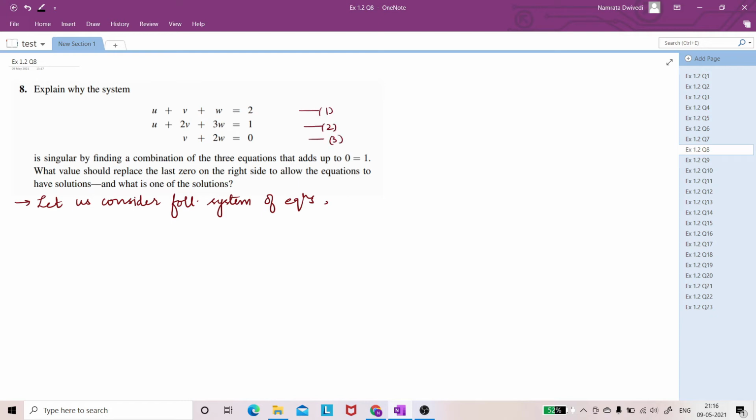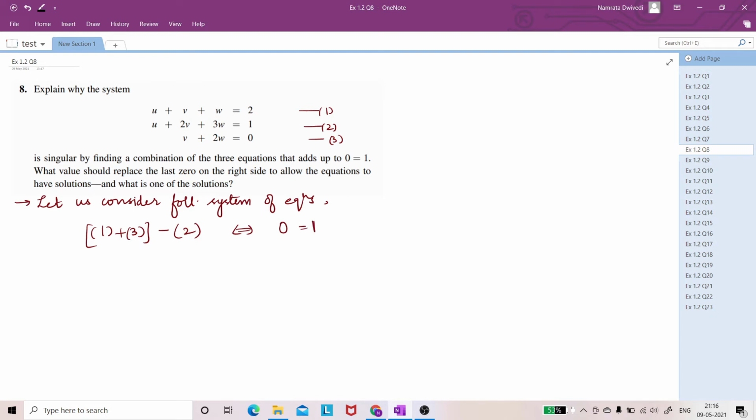Here if you observe, if we add 2 and 3, how much do we get? Okay, just a minute. Let's add 1 and 3. Adding 1 and 3 gives u plus 2v plus 3w. So 1 plus 3 and then minus 2. So what does this give us? This gives us 0 equals 1.